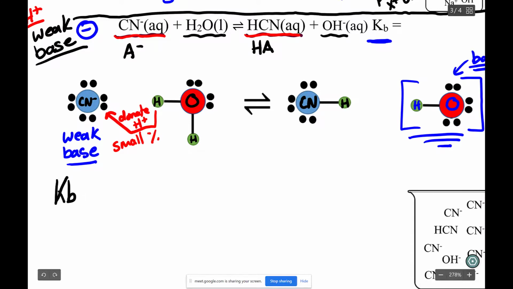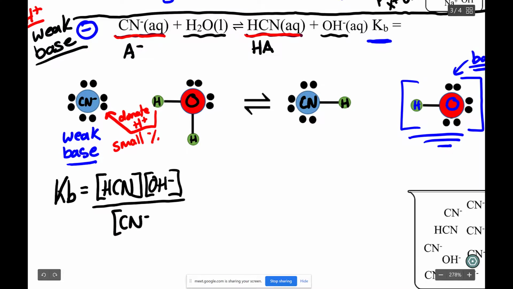Kb just simply means base ionizing in water, and the K, of course, is the equilibrium constant for that. So the Kb for this reaction would be HCN times OH minus, and this is all over the reactant CN minus. Of course, there's no water there. It's not part of the expression because it's liquid.